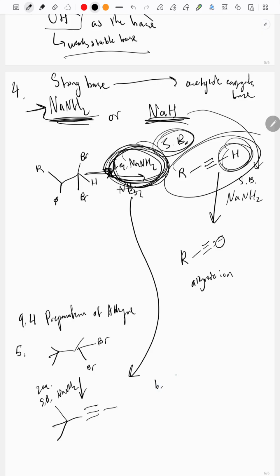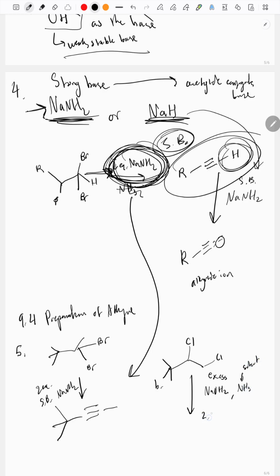Likewise, for part B, we could use, say, Cl, and use NaNH2. We're going to use excess, and NH3 is a solvent.